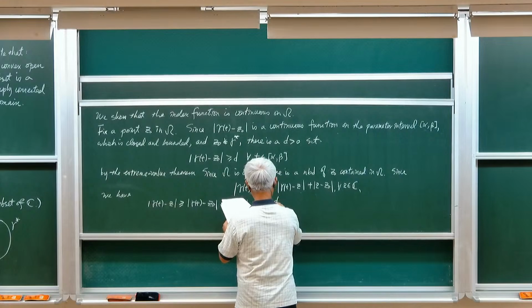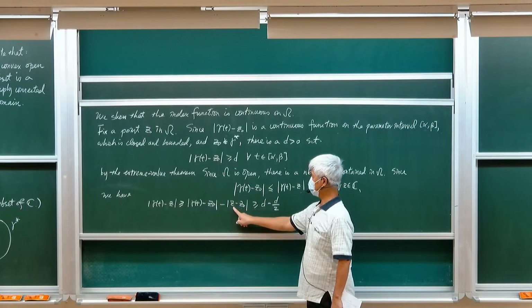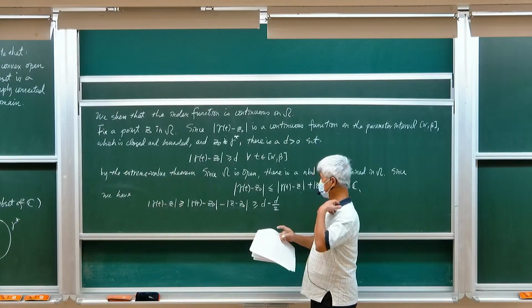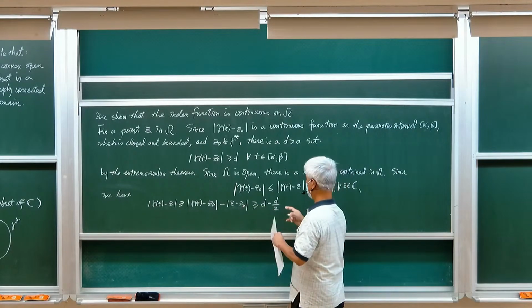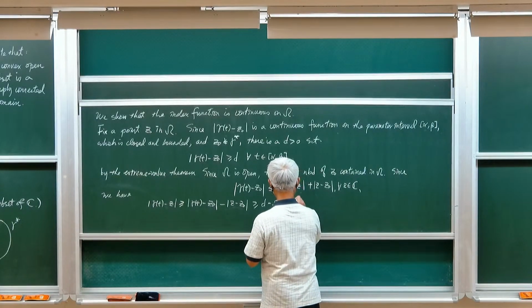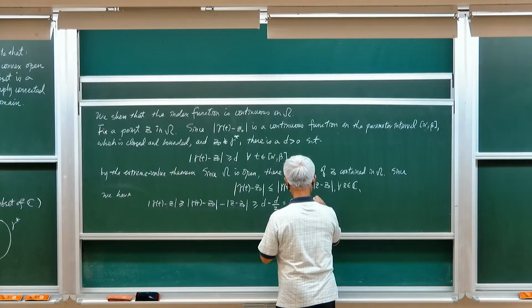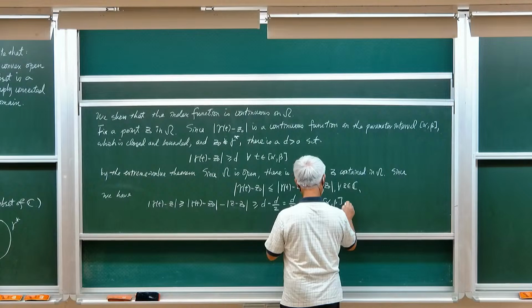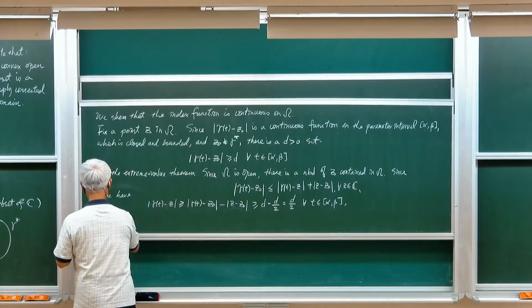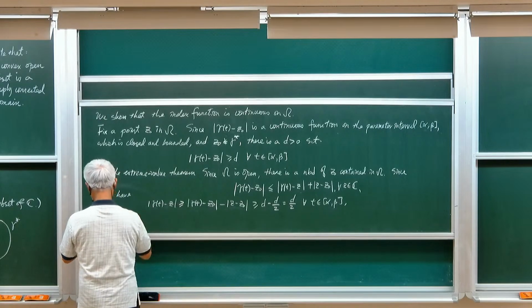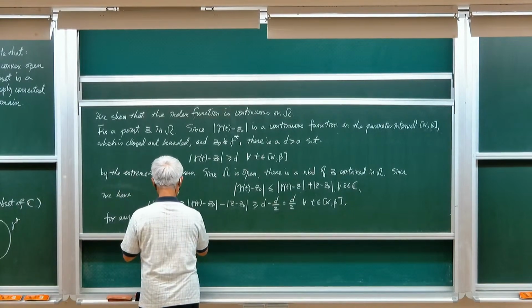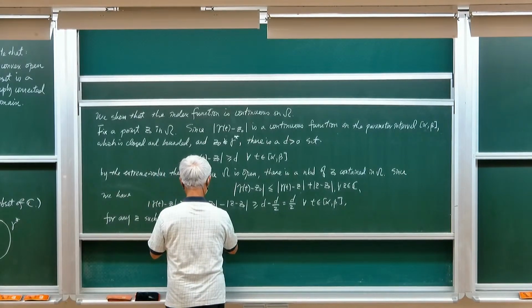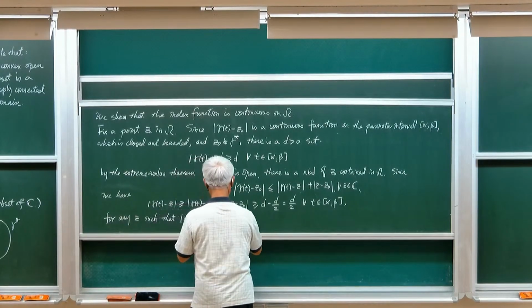For example, if we select z which has distance from z0 less than d over 2, we have the lower bound d over 2 for all t in [alpha, beta], for any z such that |z - z0| is less than the minimum of d over 2 and rho.